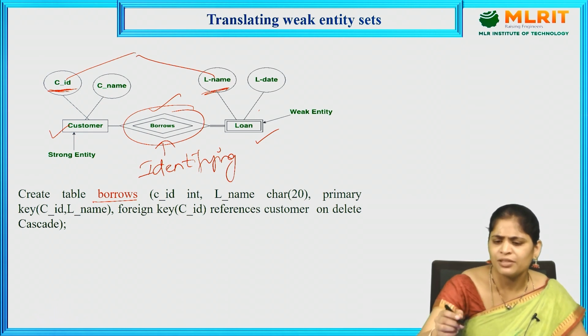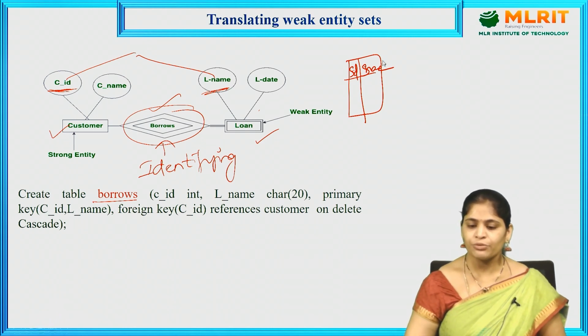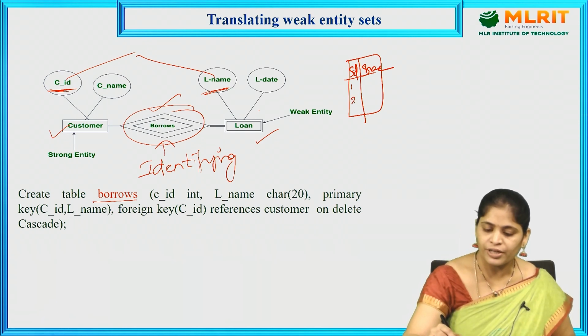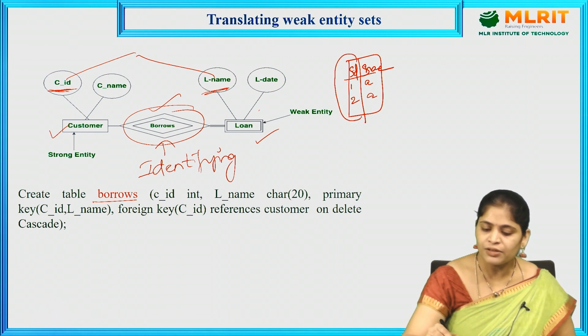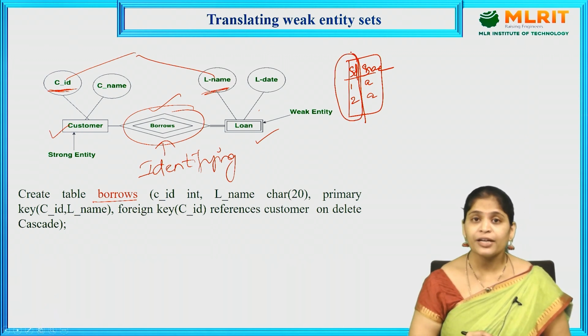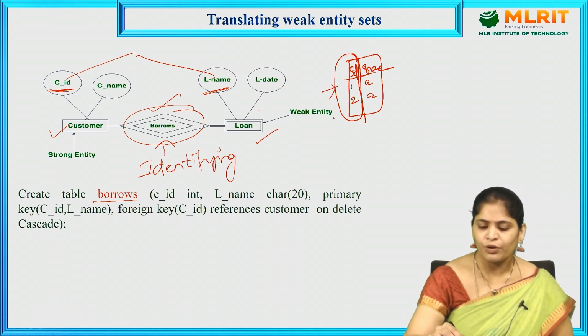Let us deal with this with a simple example. Let us consider student ID and student name. Here student ID 1, 2 and student name A, right. If I consider SID, then I can uniquely identify a particular student, roll number 1 and roll number 2.